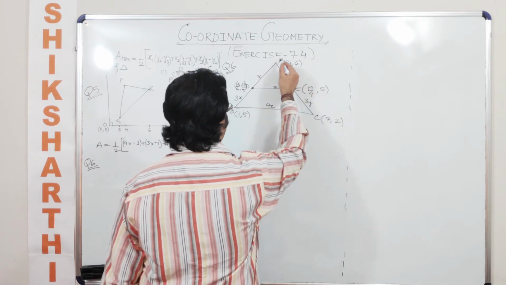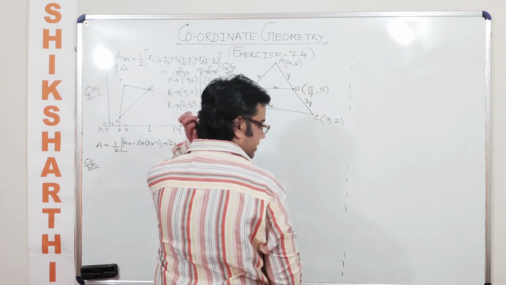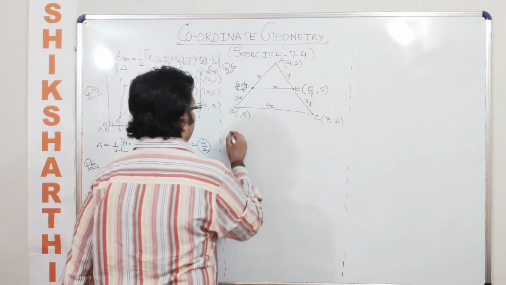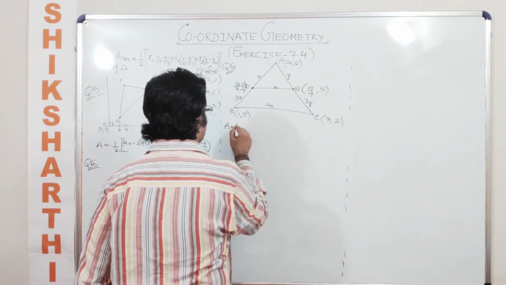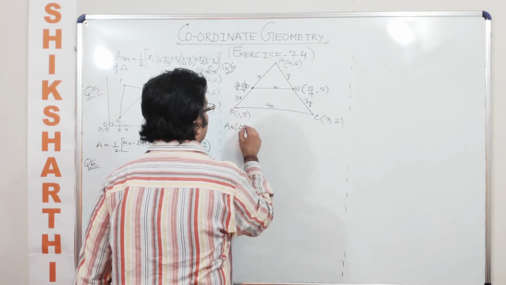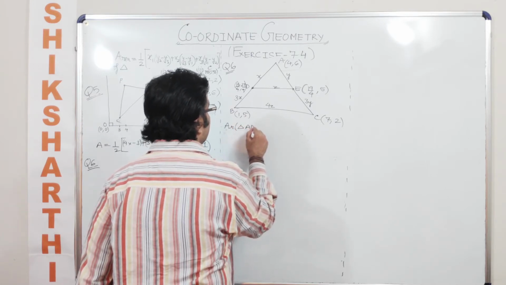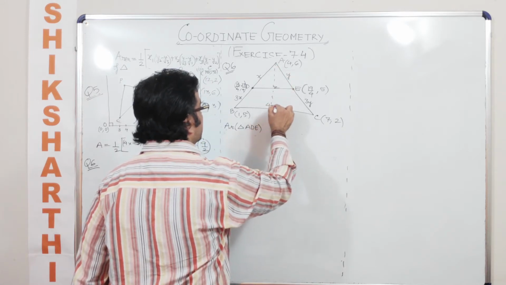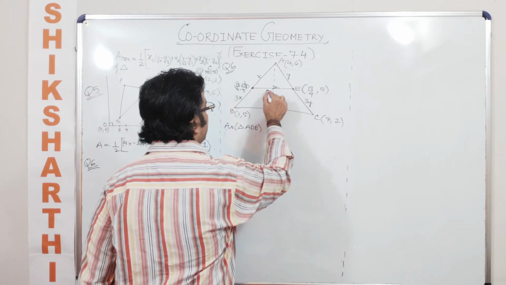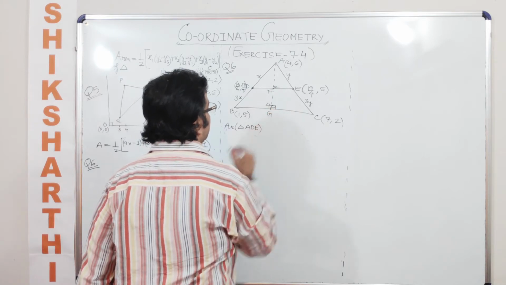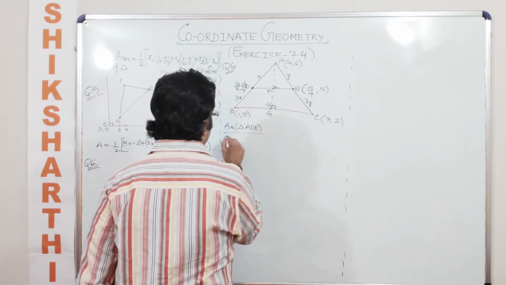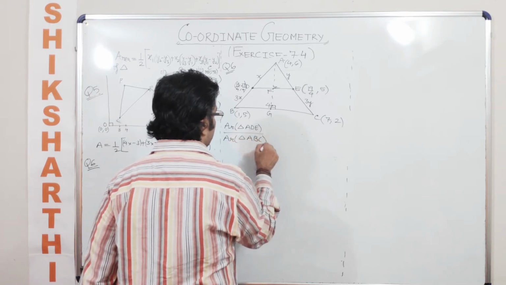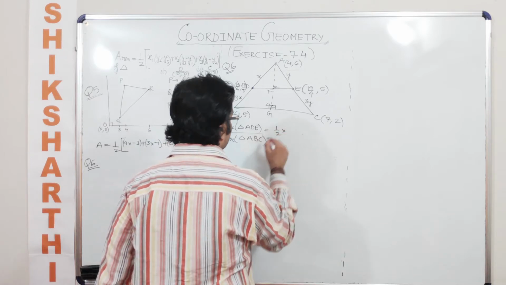I can find out the area of this triangle, I can find out the area of this triangle, and then correlate between the two. But since I know geometry as well, can we say the area of the triangle ADE, using geometry. Now if I drop a perpendicular from here, and take these points as F and G, can I say the area of the triangle versus the area of the triangle ABC? This is nothing but half into base.